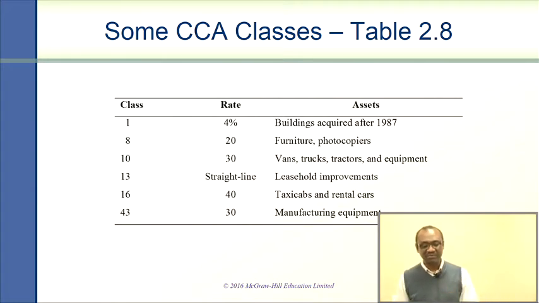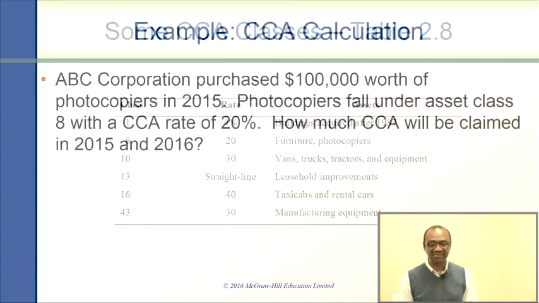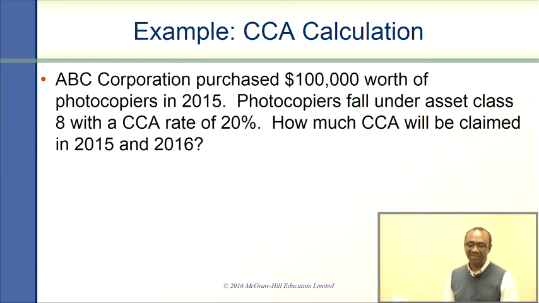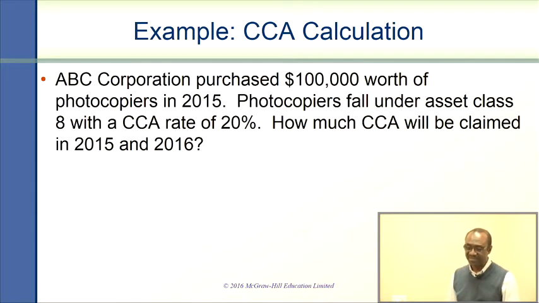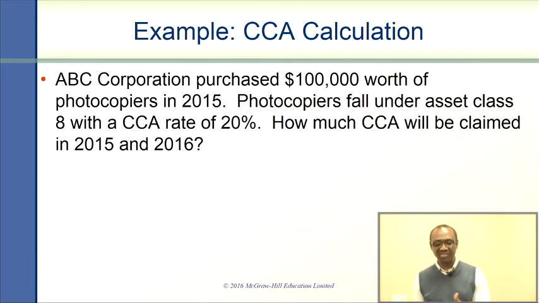Now, here's an example on how to calculate capital cost allowance. So here we are. We have this example. ABC Corporation purchased 100,000 worth of photocopiers in 2015. Photocopiers fall under asset class 8 with a capital cost allowance rate of 20%.